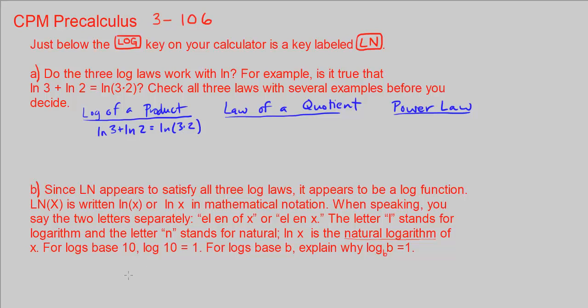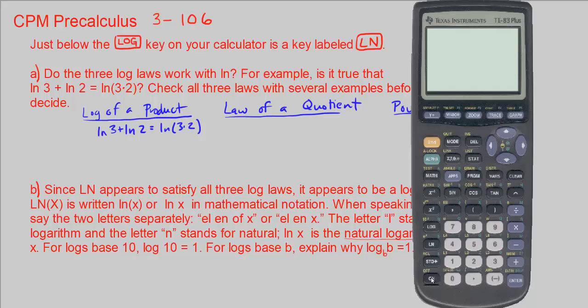Let's go ahead and check that. Bring out your calculator, turn it on, and check it as well. Type in ln of 3, close the parentheses, plus ln of 2.